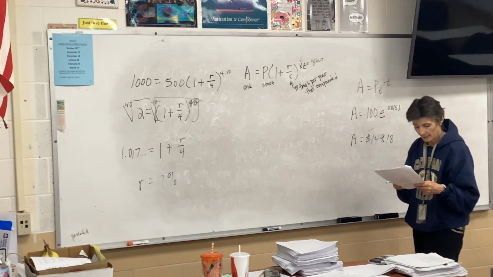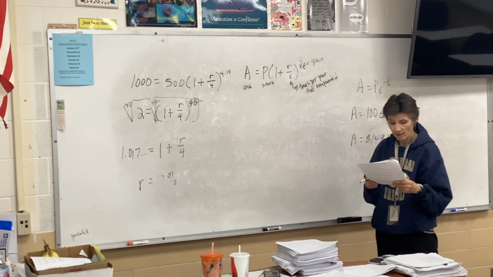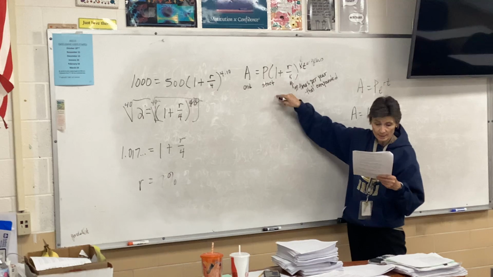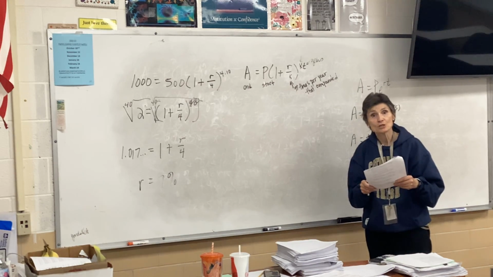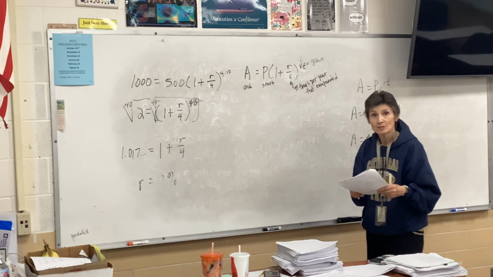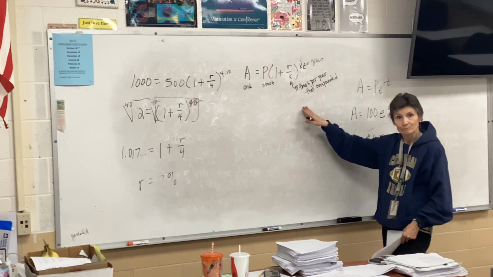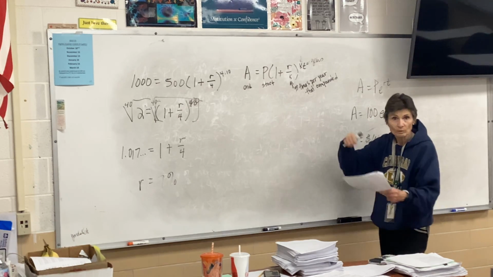6. Ursula invests $2,000 with the bank at this much interest compounded quarterly. What is the equivalent annual percentage yield? Well, let's go ahead and figure out how much she ends up with in her investment.